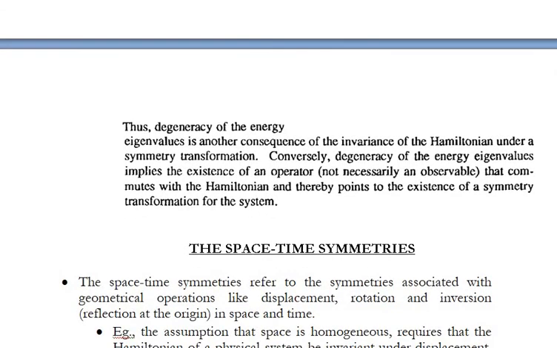Thus, degeneracy of the energy eigenvalues is another consequence of the invariance of the Hamiltonian under a symmetry transformation. Conversely, degeneracy of the energy eigenvalues implies the existence of an operator that commutes with the Hamiltonian and thereby points to the existence of a symmetry transformation for the system.